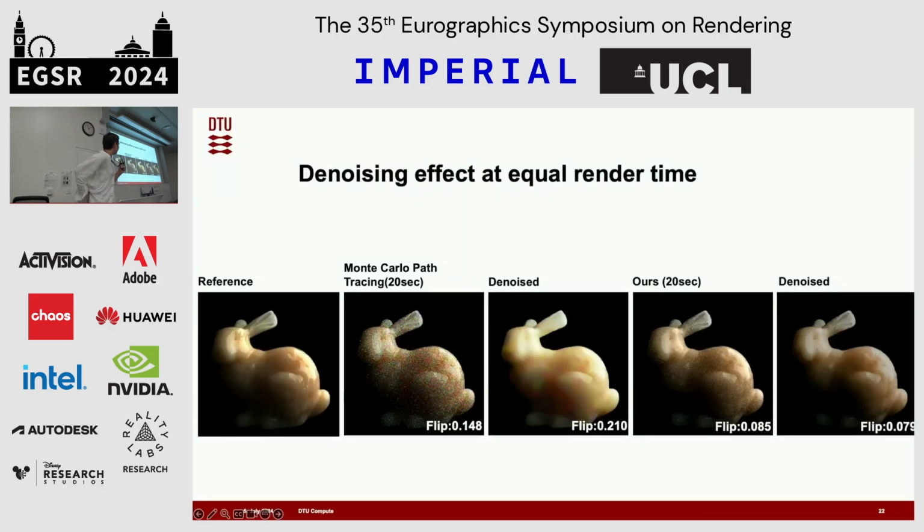He also found that if we have 20 seconds for Monte Carlo path tracing and 20 seconds for his method, here is an order of magnitude FLIP error improvement compared to the 20 second denoised Monte Carlo path trace.